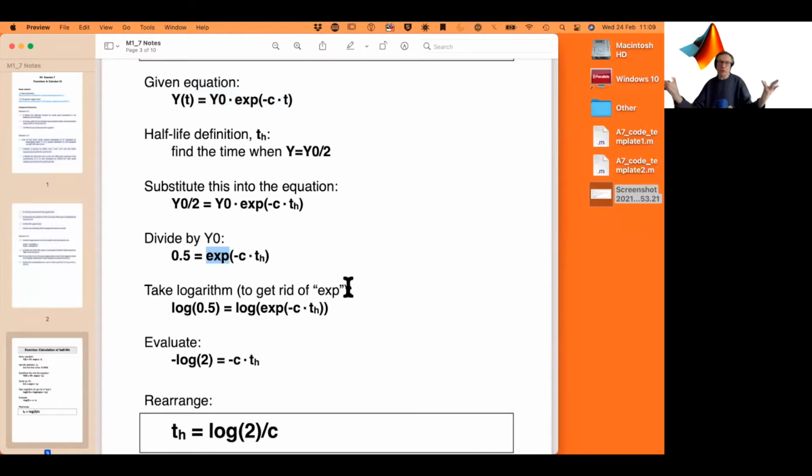You apply the logarithm to both sides, and then you get the logarithm of half, or minus the logarithm of 2, on one hand side. On the other hand, you get rid of the exponential, which is convenient because that allows you to solve this equation for t, which under the special condition that we have defined at the top happens to be the half-life.